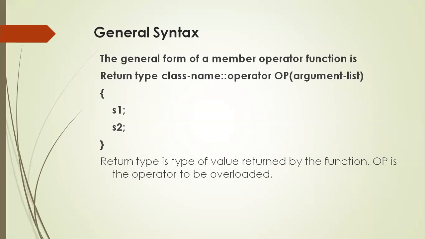So the operator function looks like: the return type is int, class name date, scope resolution, operator, and in the place of OP you write the greater than symbol. Then this is also a binary operator, so you can give either date D1 or date D2. Then you write the content of that function. So here, return type specifies the type of the value returned by the function, and OP is the operator to be overloaded.